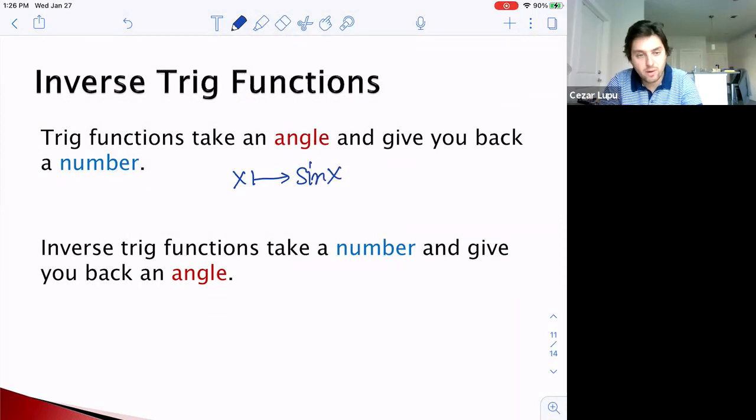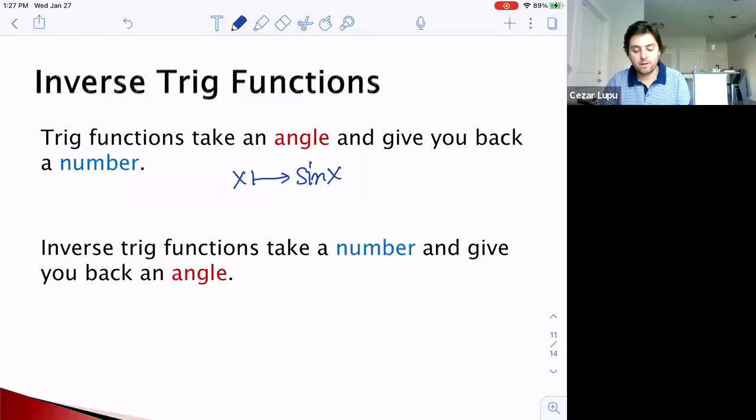You take an angle, whatever, pi over 4, pi over 6, and it will give you back a number. I've talked about the values of trigonometric functions in one of my videos, and also you'll see it in the notes. So make sure you know the values. I will not insist on them here. There is already a lengthy video about it.